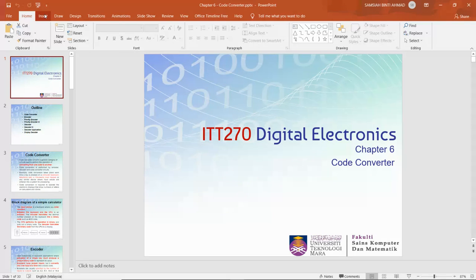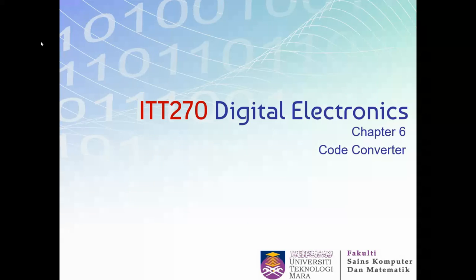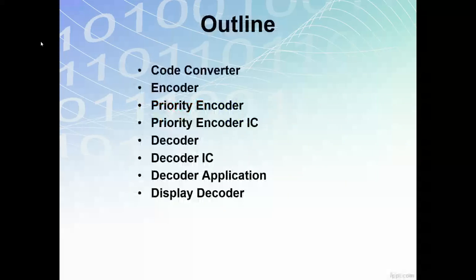Okay, so today will be chapter 6, which is our code converter. Code converter ni adalah one of the circuits which is very important dalam banyak kita punya devices and also applications.